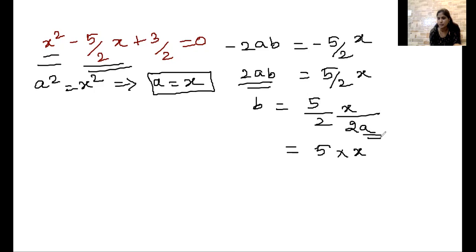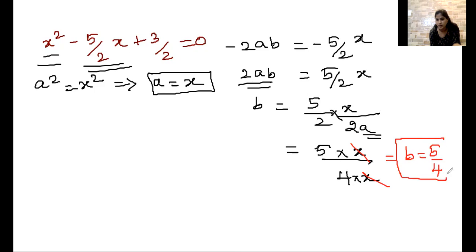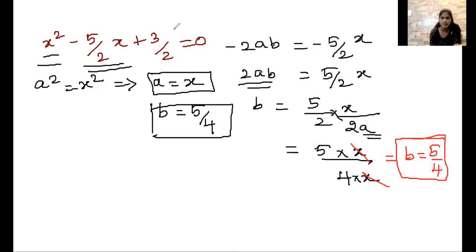I'm going to substitute the value of a over there. So here I'll be having 4x. So I can simplify this by cancelling the x and x. The value of b is going to be 5 by 4. So the first step is done. The value of a is x and the value of b is 5 by 4.